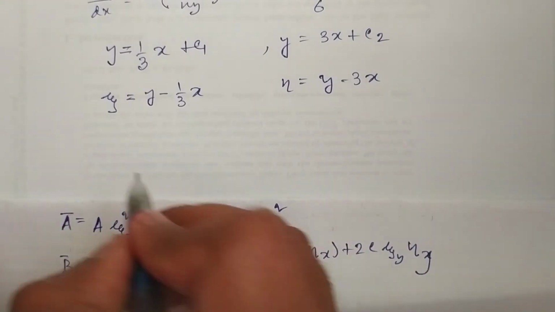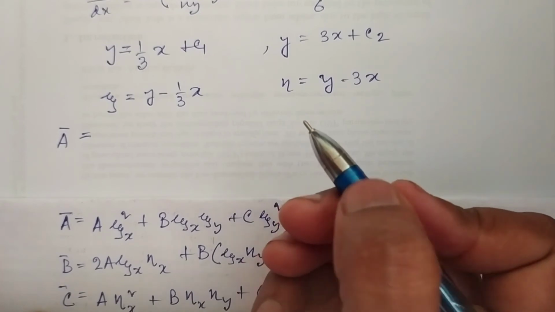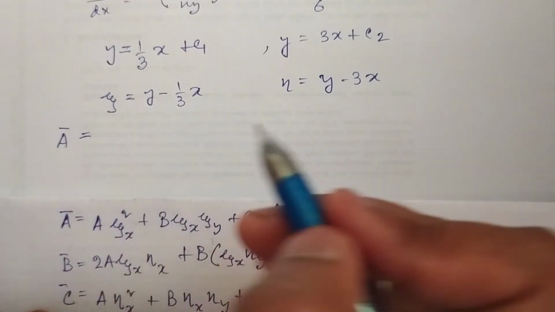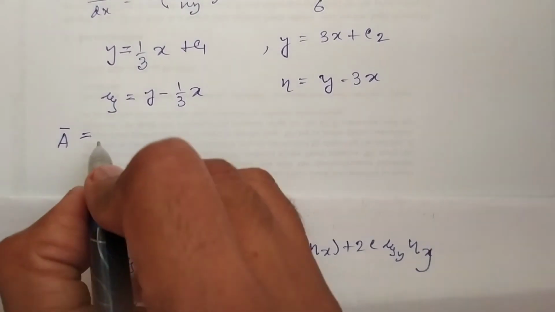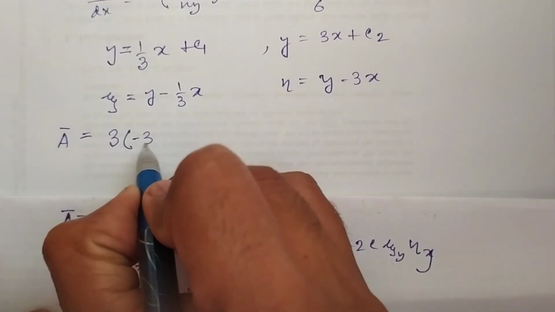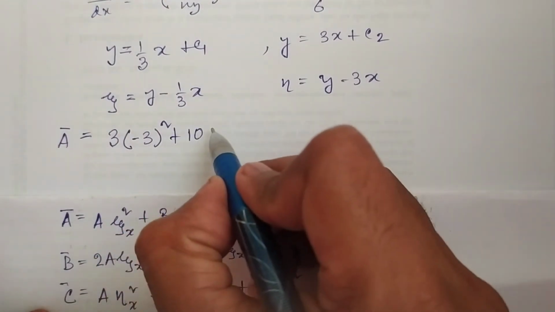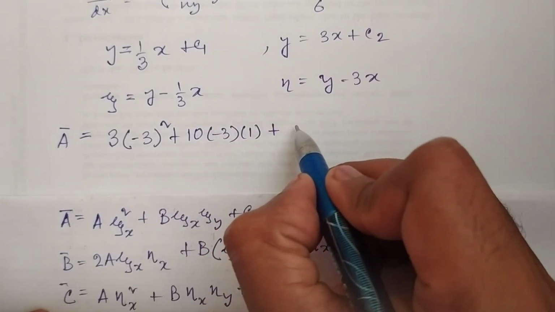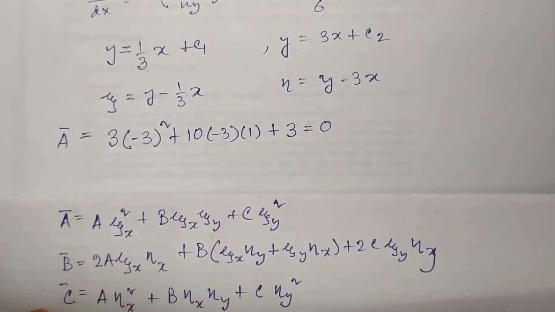Okay, so first a bar is equal to, this is equal to 3 minus 3 square plus b is equal to 10 multiplied with minus 3 into 1 plus 3, that is the value of c, is equal to 0.